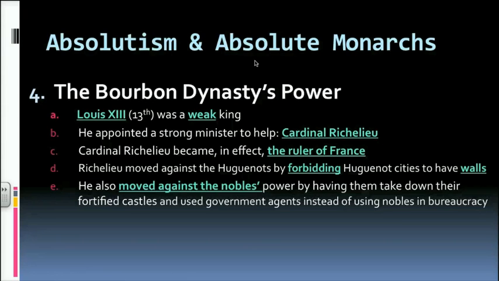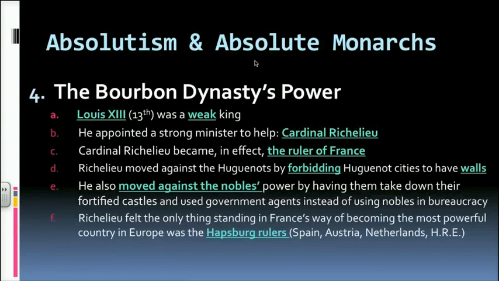They would be like senators or House of Representative members, something like that. But basically, if you want to strip them of their power, you remove them. And you have your own government agents, your own people that you pick to help run the government rather than the nobles. And what this does, in effect, is it makes the king stronger. It takes power from the nobles and it makes the king stronger. So that's what Cardinal Richelieu is doing here.